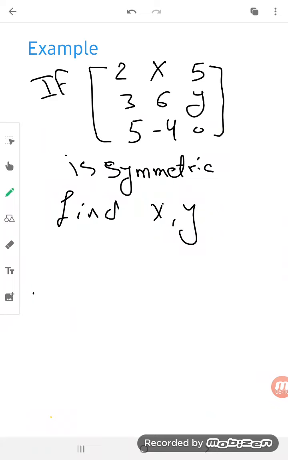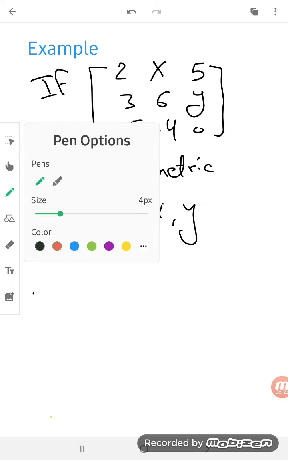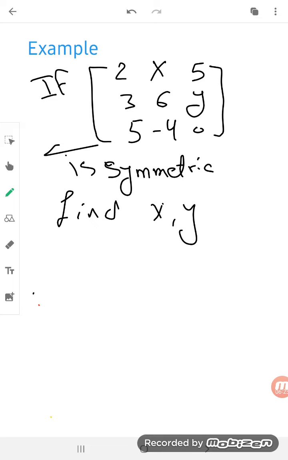Example: if the matrix 2x5, 3, 6y, 5, -4, and 0 is symmetric, find x and y. Okay, this matrix is symmetric, so the elements are symmetric about the principal diagonal.